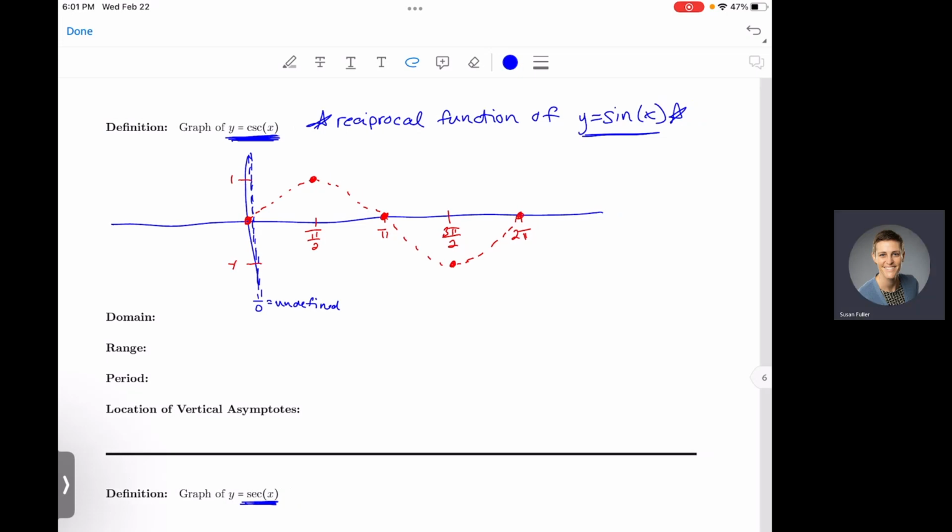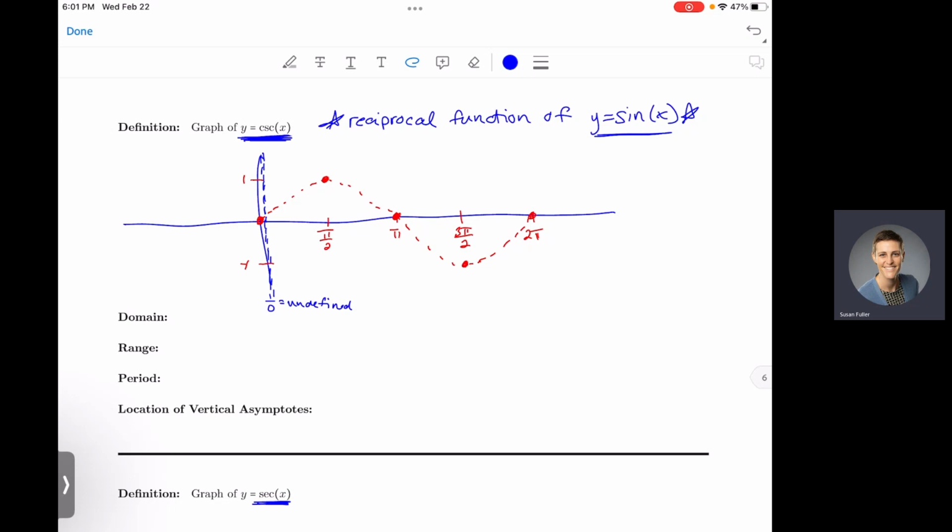Okay, so let's keep going here. At pi over 2, my y value is 1, which means the cosecant value is going to be the reciprocal of that, and the reciprocal of 1 is 1. So my cosecant is actually going to have the same value as sine there. Okay, let's come to pi.